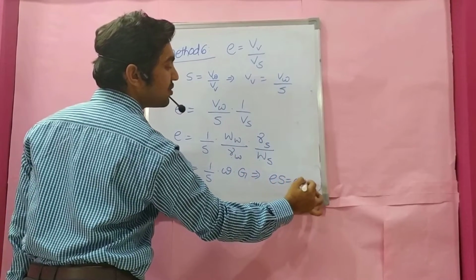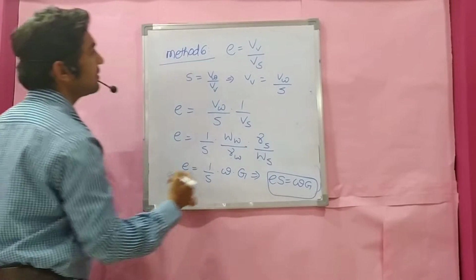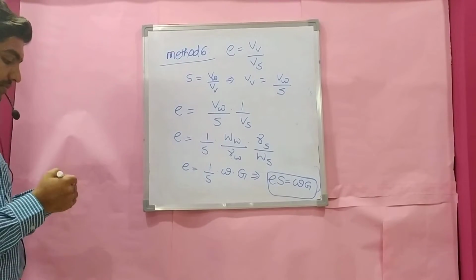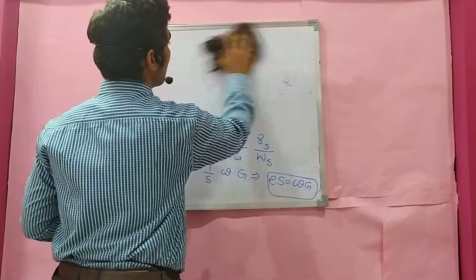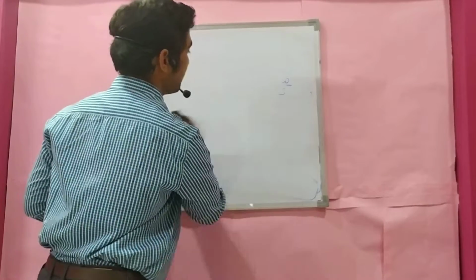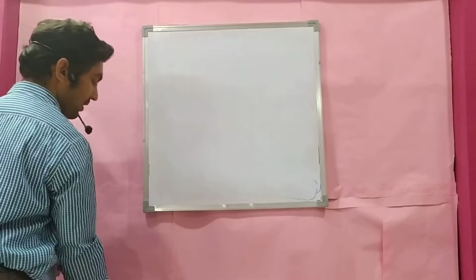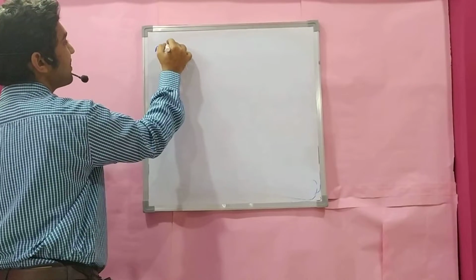So Se is equal to wG. This is method number 6.